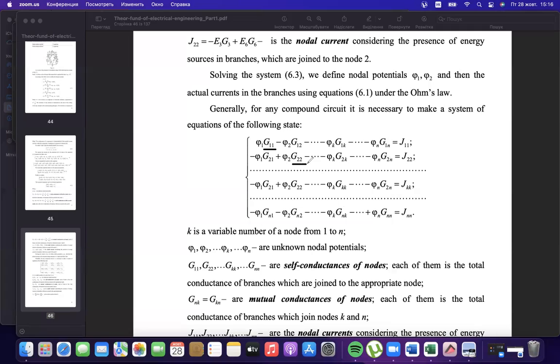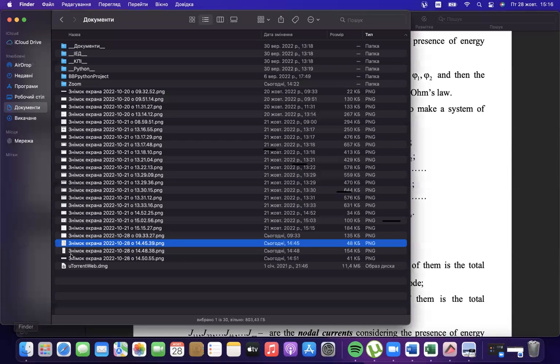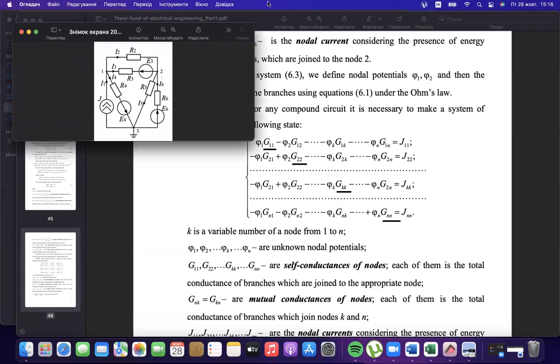These conductivities with the same index are called own conductivity. It means the conductivity of all branches near the node. If we write node number 1, the own conductivity means all conductivities from this node.